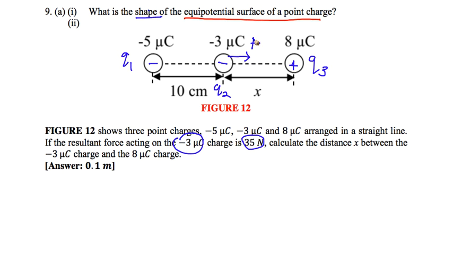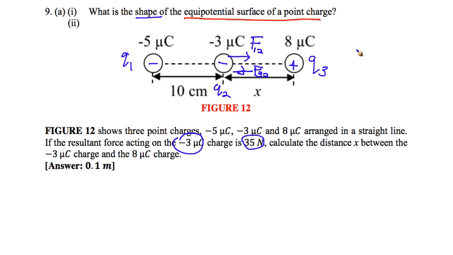So the force by q1 on q2 is directed to the right, repulsive. And the force by q3 on q2: because this is negative and this is positive, the negative charge is attracted to q3.